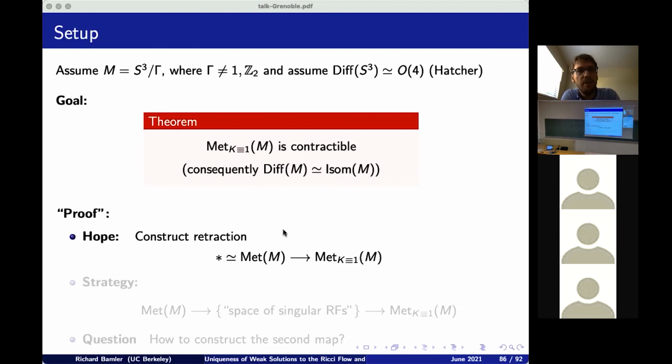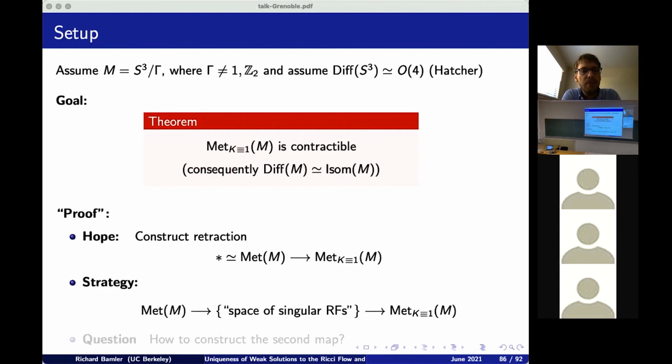The idea was to use the Ricci flow to construct a retraction, or even a deformation retraction, from the space of metrics to the space of constant curvature metrics. This space is contractible, and so this would imply that the space of metrics is contractible as well. It's the same strategy that we would like to follow.